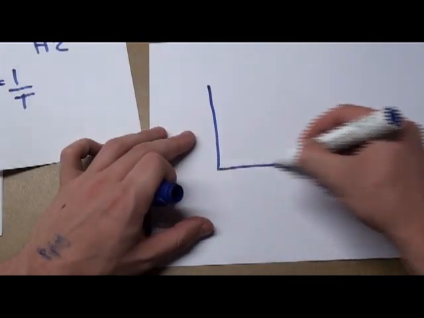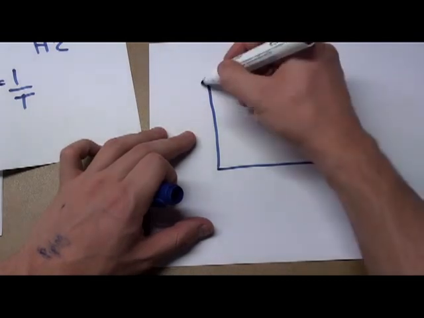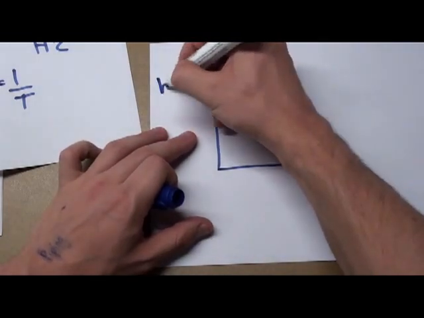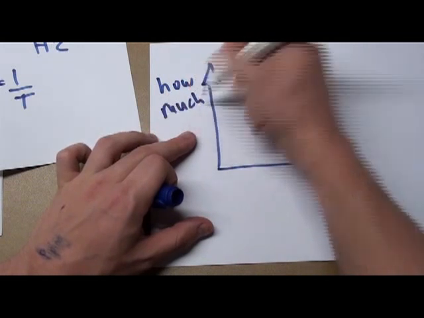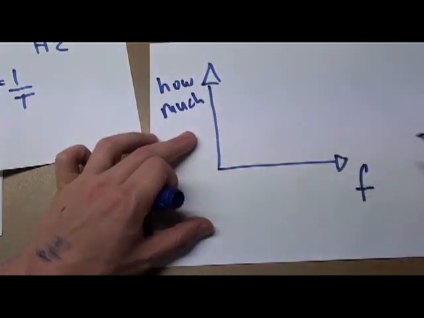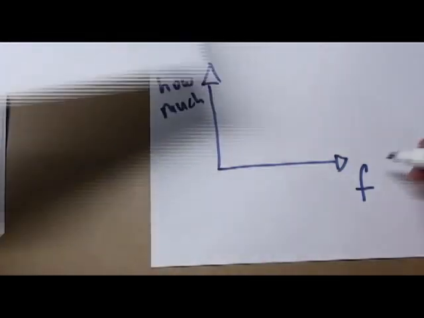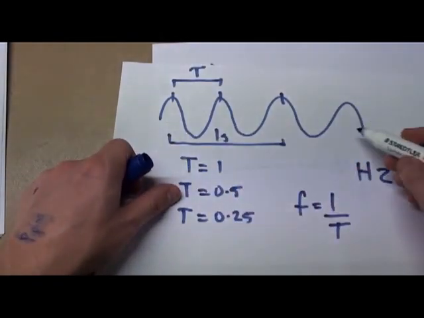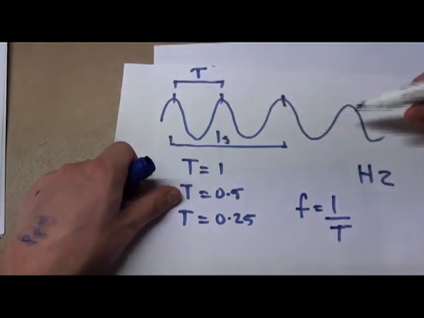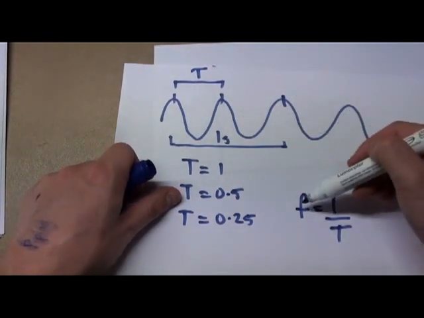So we have this graph, and on this axis we have how much, and on this axis we have frequency. If we know that this sine wave repeats, and it's a sine wave, it's got to have a frequency.